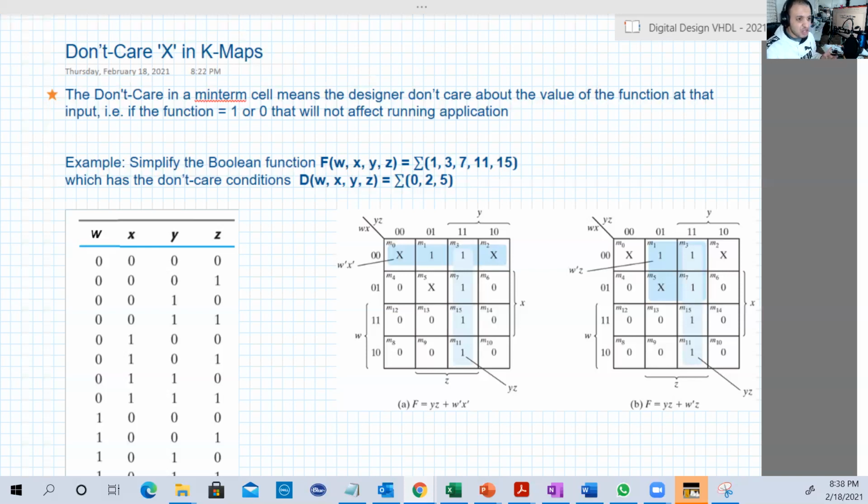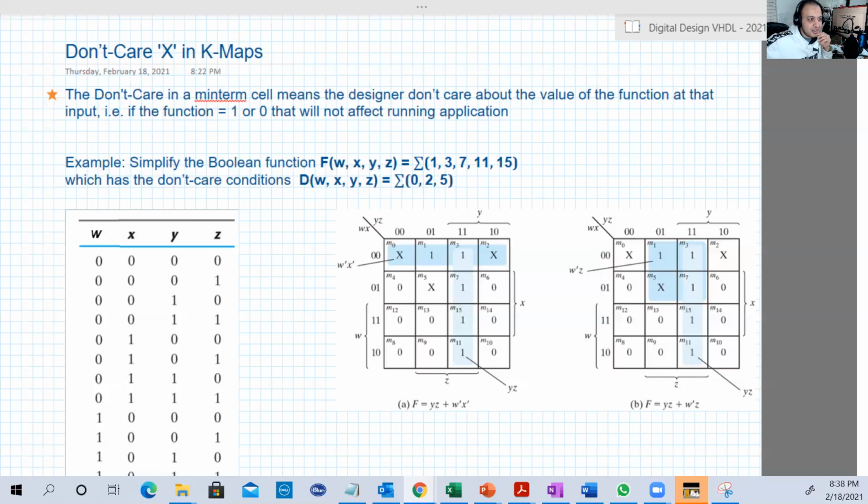So basically, what is the definition of a don't care? If you have a function of two Boolean variables, then you have four possible input combinations: 0 0, 0 1, 1 0, 1 1. But what if your application's input X and Y can be 0 0, 0 1, 1 0, but for some reason, based on your application, it will never be 1 1?